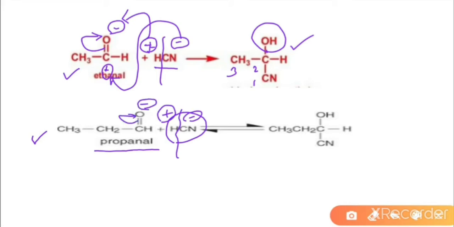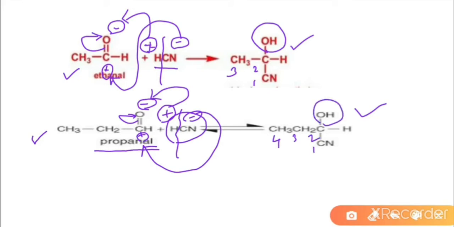Oxygen becomes negative, carbon becomes positive. CN minus attacks C plus and H plus attacks oxygen and forms the cyanohydrin compound, numbered 1, 2, 3, 4. 2-hydroxybutanenitrile.